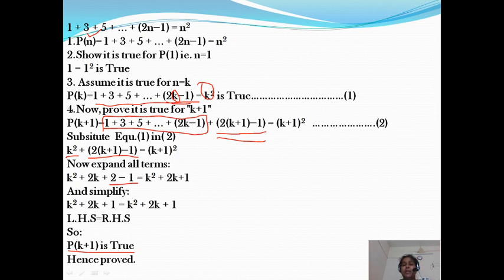Theoretical question will be like this: explain principle of mathematical induction with an example. Once again, explain principle of mathematical induction with an example. So you must write like this. This is the answer to your question. If the question is asked like that, you must write what I have shown in this slide.